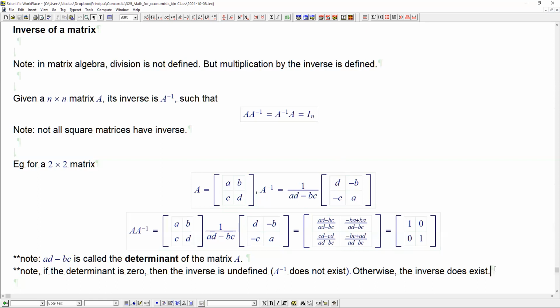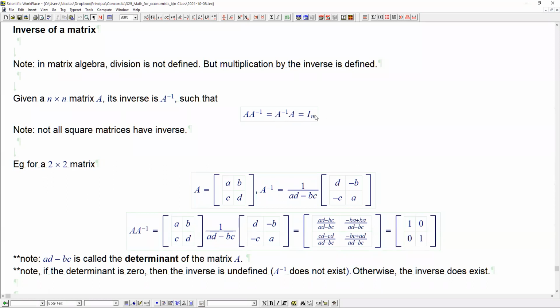Okay, so one thing that I said here is A minus 1 A equals A A minus 1 equals In. So how do I know that? How do I know that A times its inverse is equal to In, and its inverse times A is equal to In?